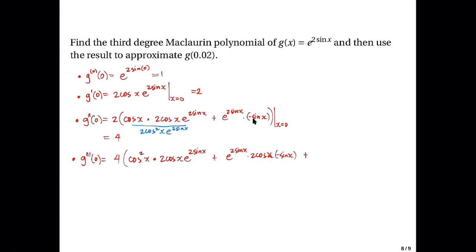Plus, for this guy here, left times derivative of right, e to the 2 sine x times negative cosine x, then right times derivative of left, you have minus sine x times 2 cosine x e to the 2 sine x. And then you evaluate this at x equals 0.